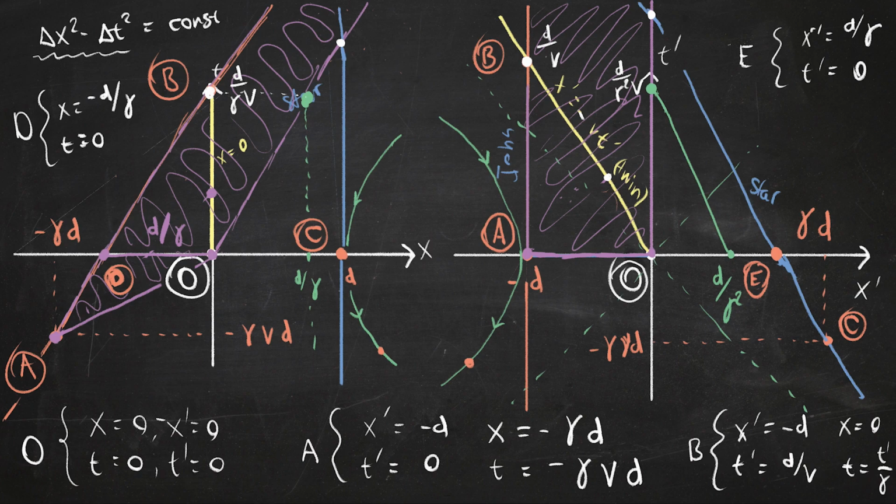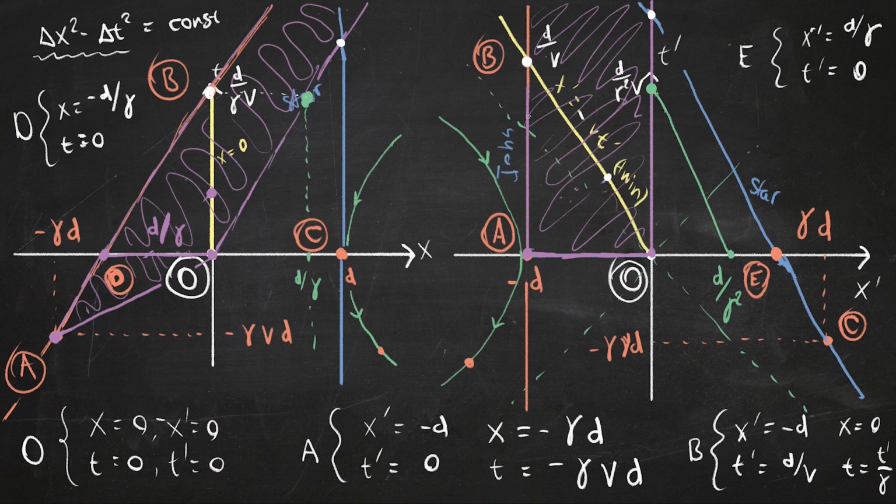And then we're saying the back of the spaceship meets John at the D on gamma V. Whereas over here, this is the back of the spaceship, and we're saying John meets the Earth at this time here.